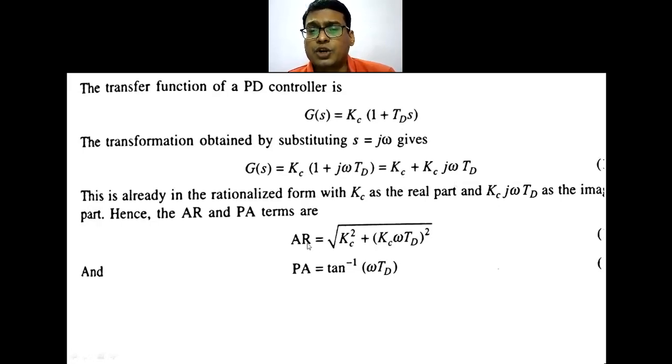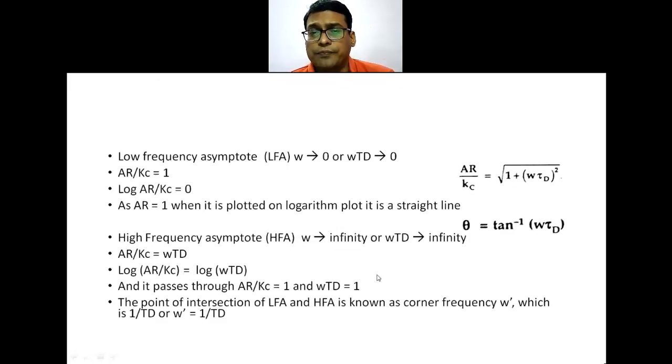The amplitude ratio is equal to the square root of real part square plus imaginary part square, and the phase angle is the tan inverse of the imaginary part upon the real part. So the amplitude ratio comes as the square root of Kc square plus Kc omega tau d whole square, and the phase angle is tan inverse of omega tau d.